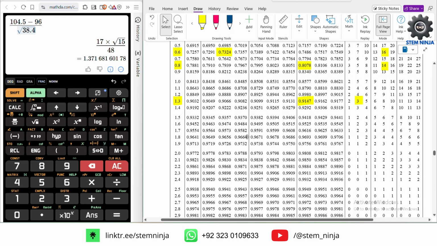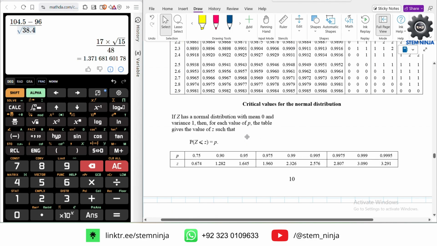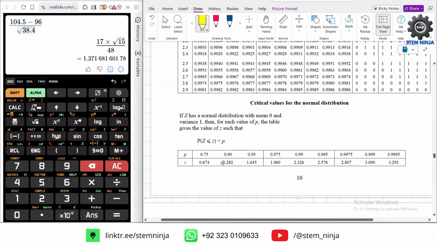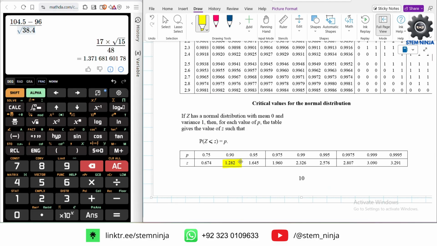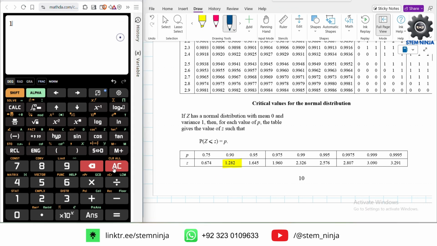First off, we can find it over here, 0.90 already. Oh, sorry, no. First value is easy to spot, 0.90, 1.282. I'm going to write it over here before I forget.